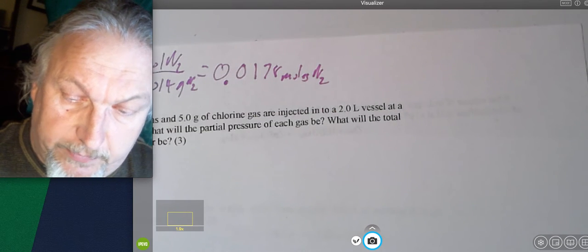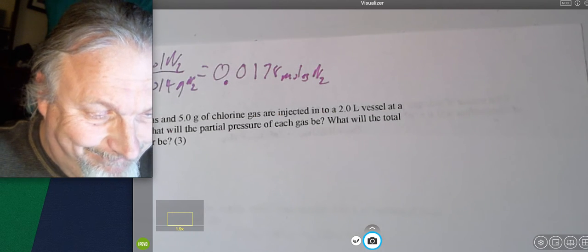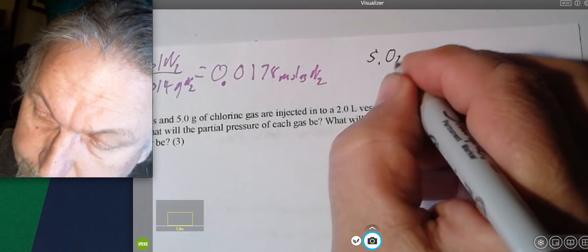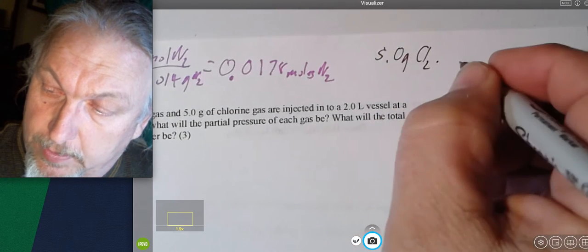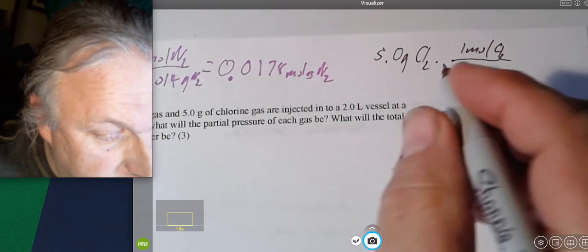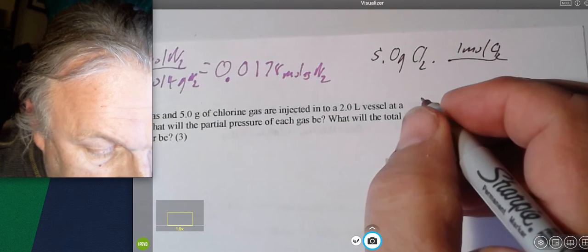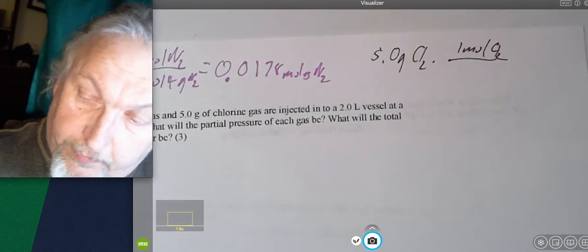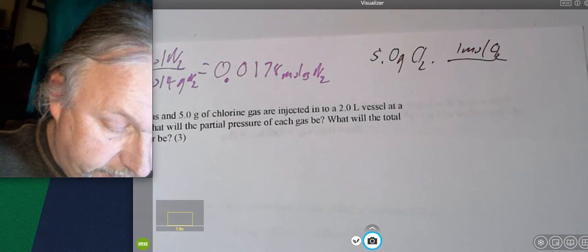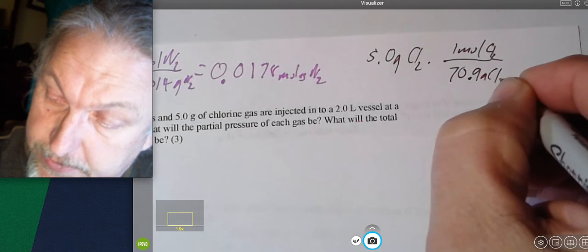Again, I need moles of chlorine. So we have 5 grams of chlorine, Cl2. So 1 mole of Cl2 is equivalent to 35.45 times 2, which is 70.9 grams of Cl2.